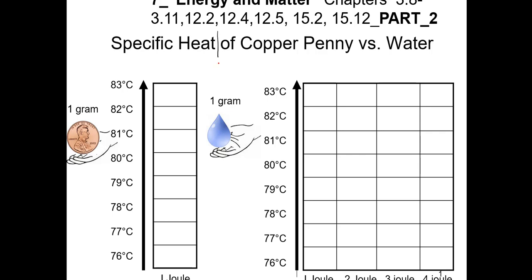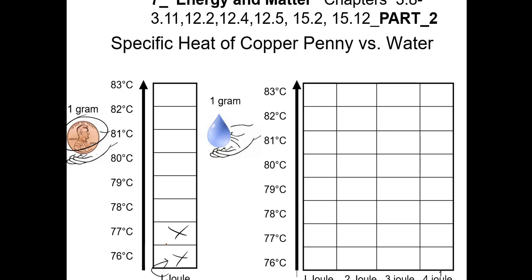Now we're going to get into the concept called specific heat during heat transfer. There is a specific or quantitative amount of heat energy that is always transferred before the temperature rises. So for example, it requires 1 unit of joule energy for the temperature of the copper penny to raise in temperature.